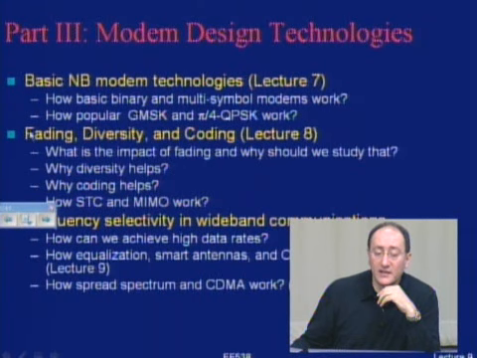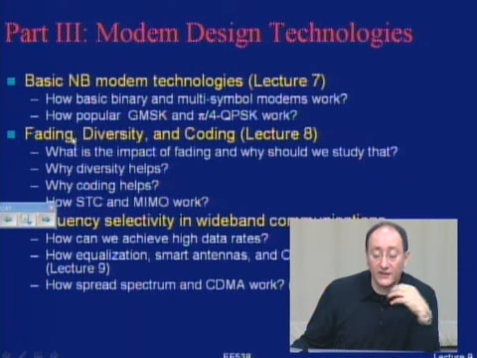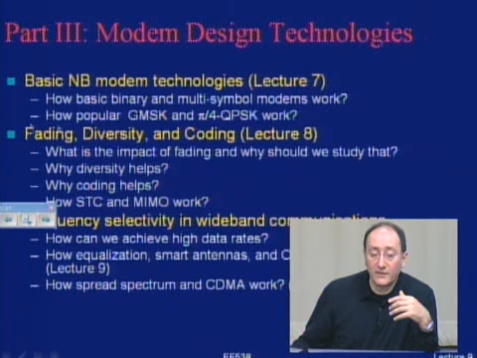Then in the second lecture in that series, which was lecture 8, we started to talk about fading, the effect of fading, and then we said that, okay, the harmful effects of fading are compensated by diversity techniques.